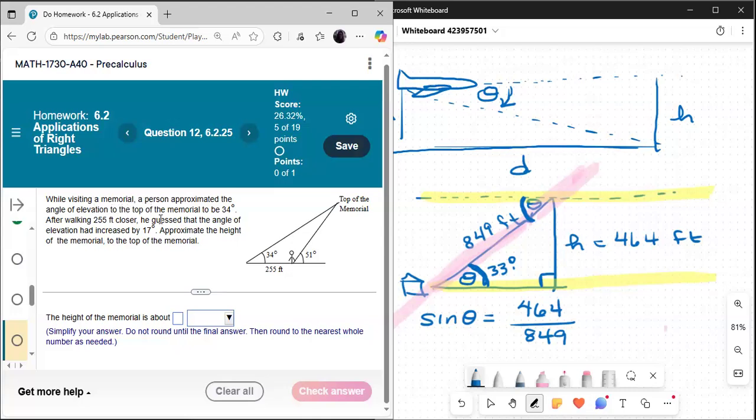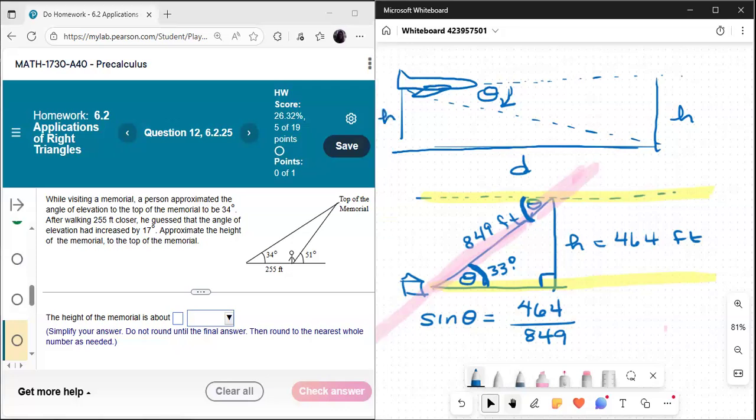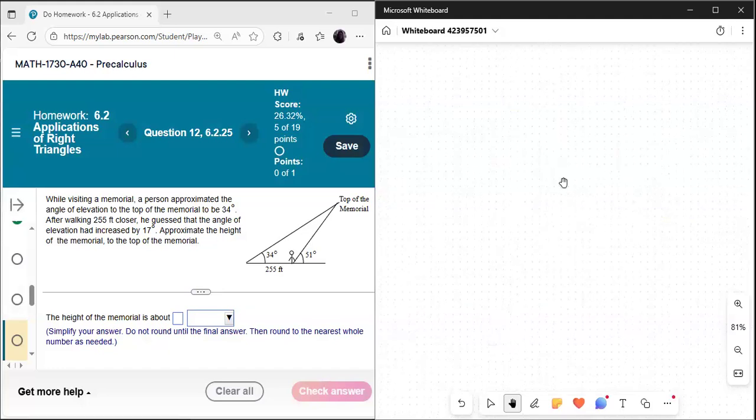While visiting a memorial, a person approximated the angle of elevation to the top of the memorial to be 34 degrees. After walking 255 feet closer, he guessed that the angle of elevation had increased by 17 degrees. Approximate the height of the memorial.